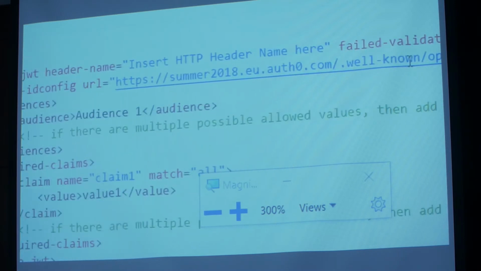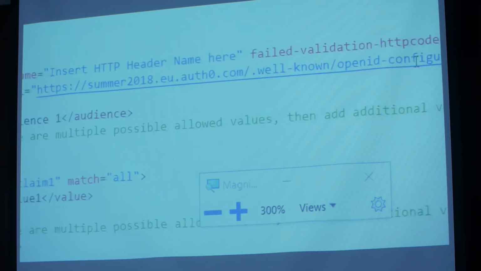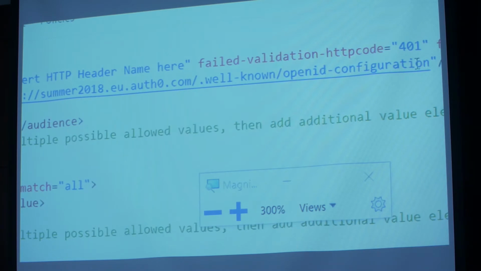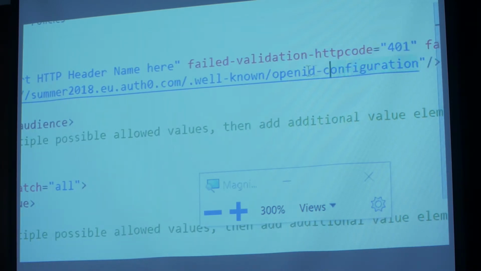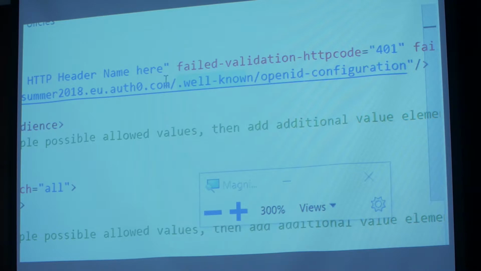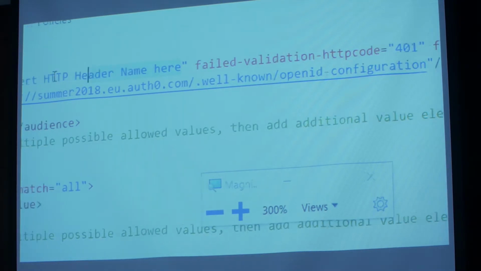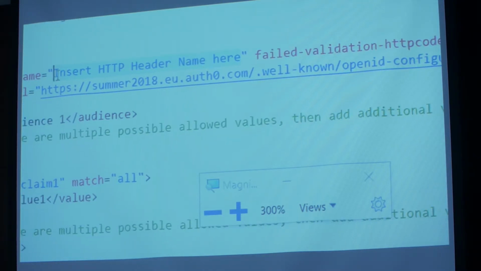And you see, this is actually from the OpenID Connect standard. You can dynamically retrieve the configuration from a .well-known/openid-configuration URL. So all authorization servers or OpenID Connect providers who follow the standard should provide such a URL where we can read. I just have to change the HTTP header.